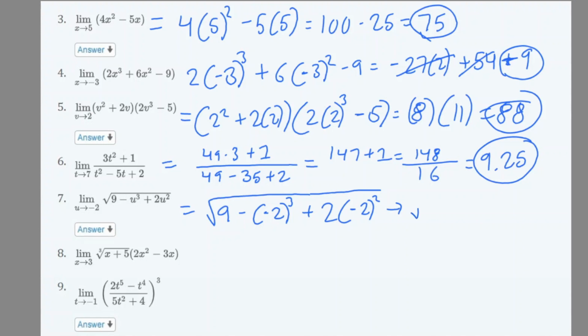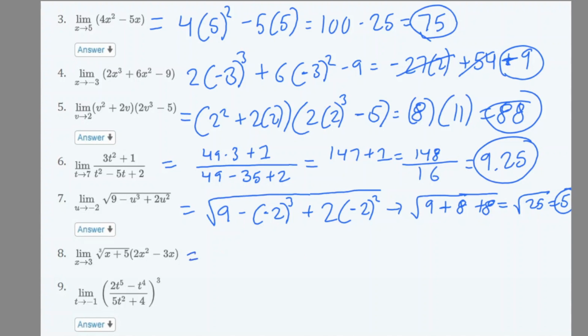So we would end up with radical 9 minus -8, which is 9 plus 8. And then on this side we would have positive 4 times 2, which is also 8. So we would end up with radical 25, which is equal to 5.